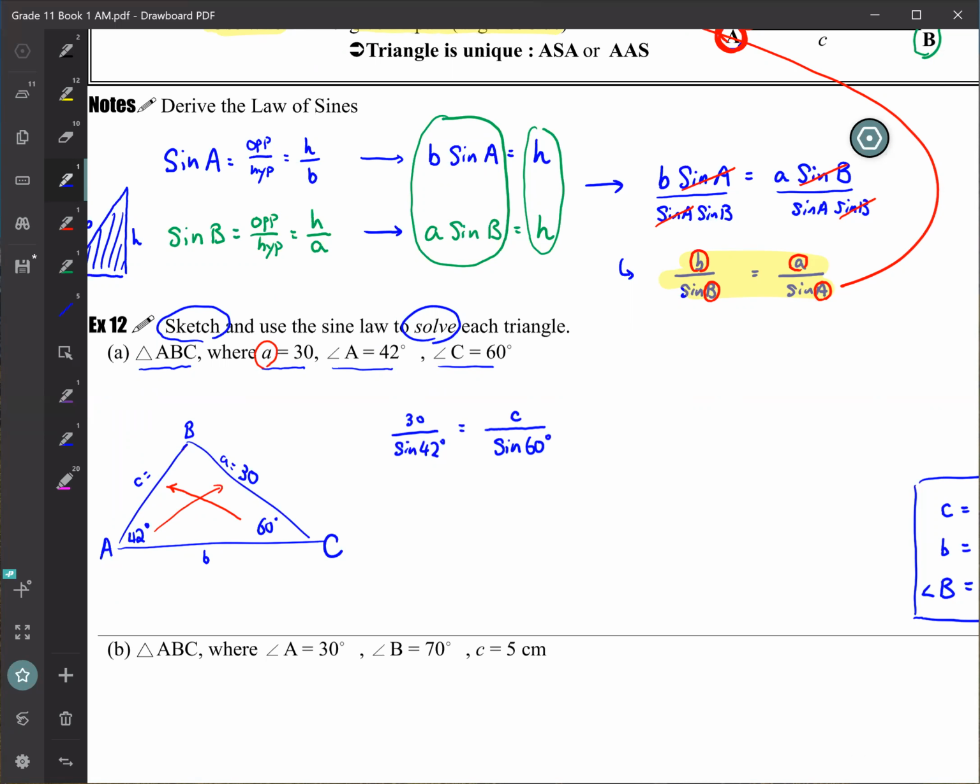Once you get there, you can start to cross multiply. Our goal is to solve for C. So I'm going to cross multiply to make the denominator go away. Sine 60 will multiply to the left side, and sine 42 can multiply to the right side.